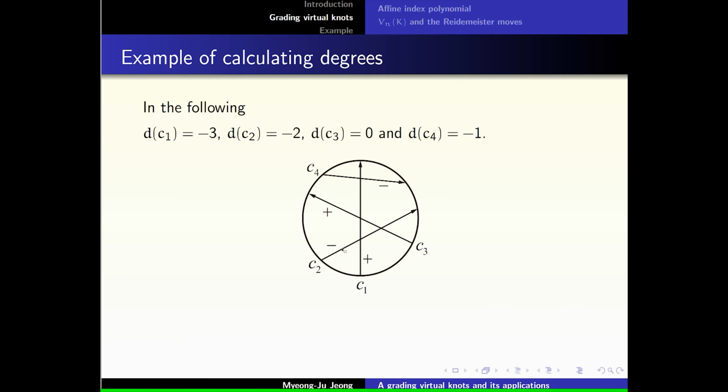C2 crosses C1 from left to right, so C2 contributes -1 to the degree of C1, and C3 crosses C1 from right to left, so C3 contributes -1 to the degree of C1, and C4 crosses C1 from left to right, and its sign is minus, so C4 contributes -1 to the degree of C1. In this way, we can see that the degree of C1 is -3, and similarly, we can calculate the degree of C2, C3, C4.